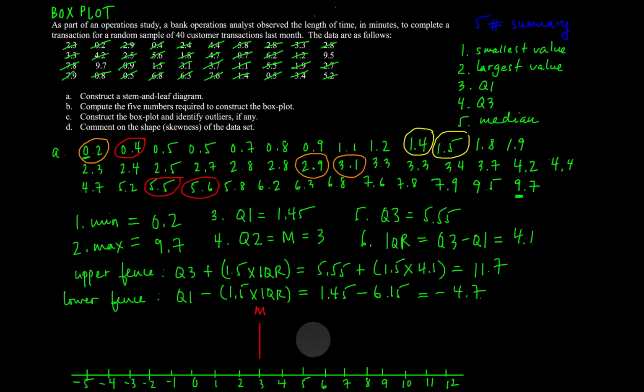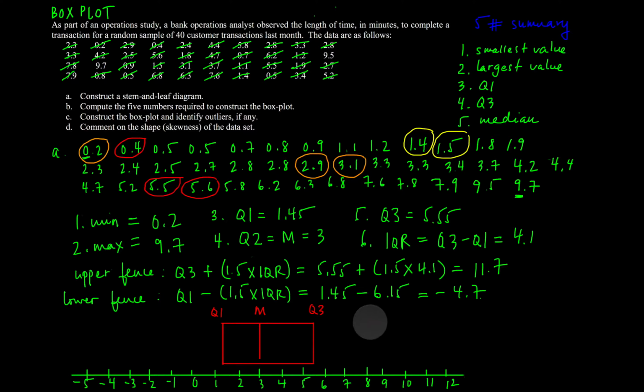So Q3 is approximately over here at 5.55. And Q1 is approximately here at 1.45. Okay, so we have our Q1 and our Q3. Perfect. So now we have our box.